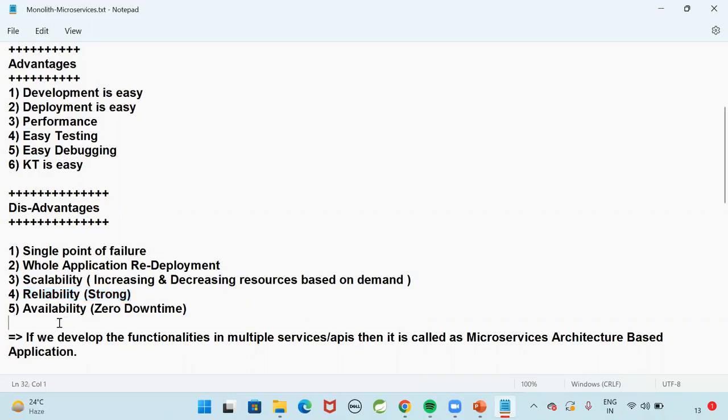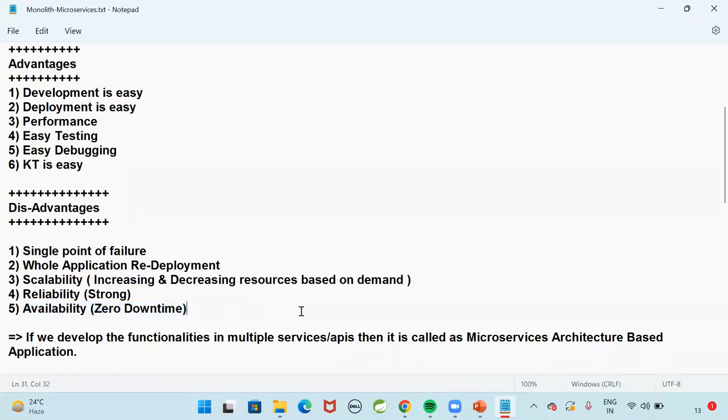So reliability, availability: is that application having availability? That means 24 by 7, is that application running?